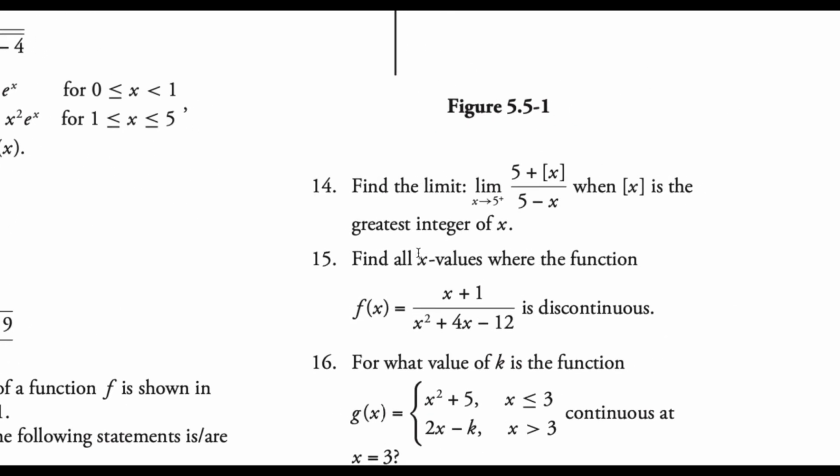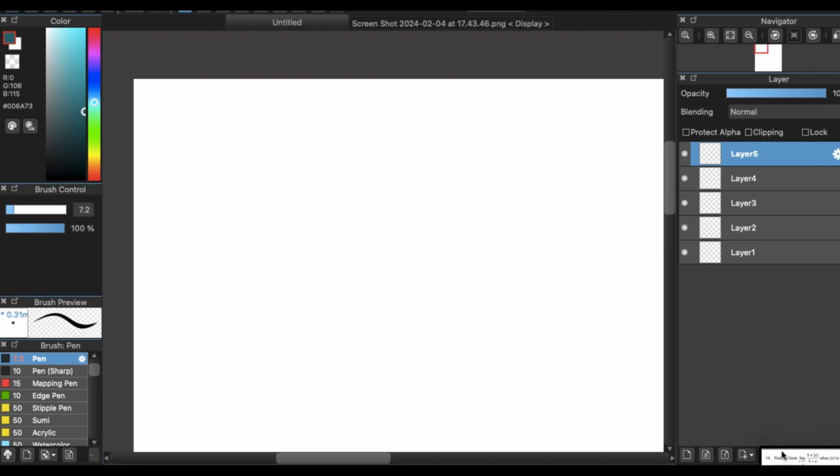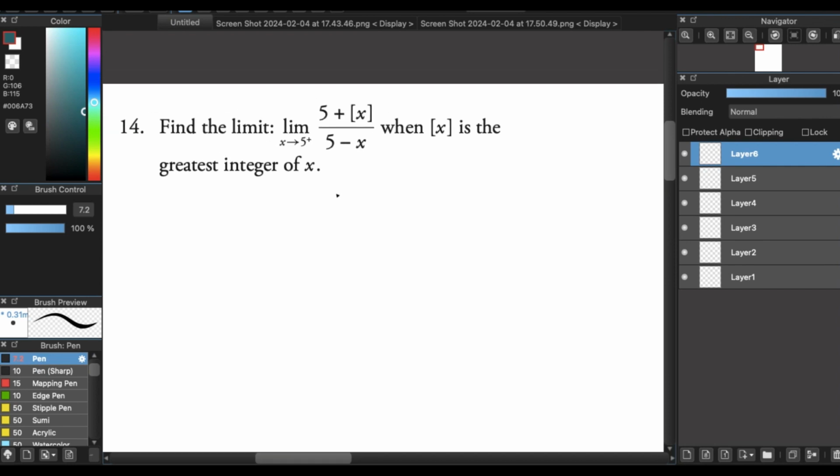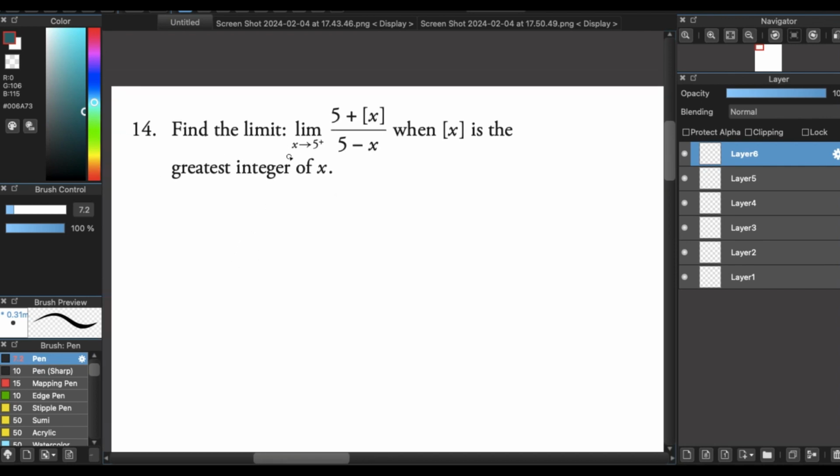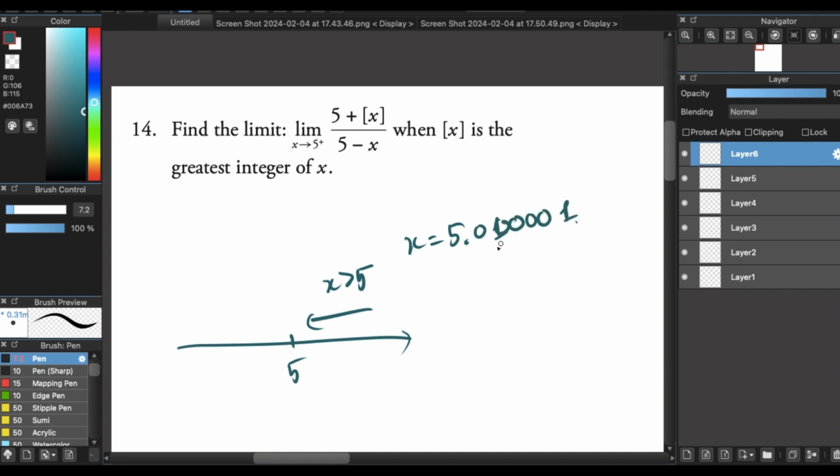Find the limit where [x] is the greatest integer of x. Oh, yes, so when x approaches 5 from the right side, x is larger than 5. So you can imagine that x is something like this, right? Therefore, the greatest integer of x is going to be 5.